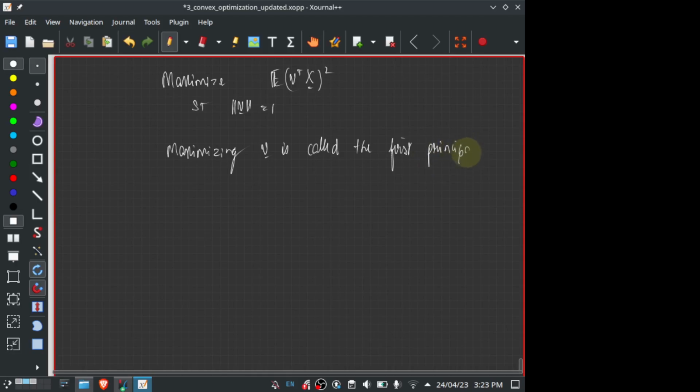Yes, the expectation is being taken before the squaring. Sorry, this is what I mean: expectation of (v transpose x) the whole square.